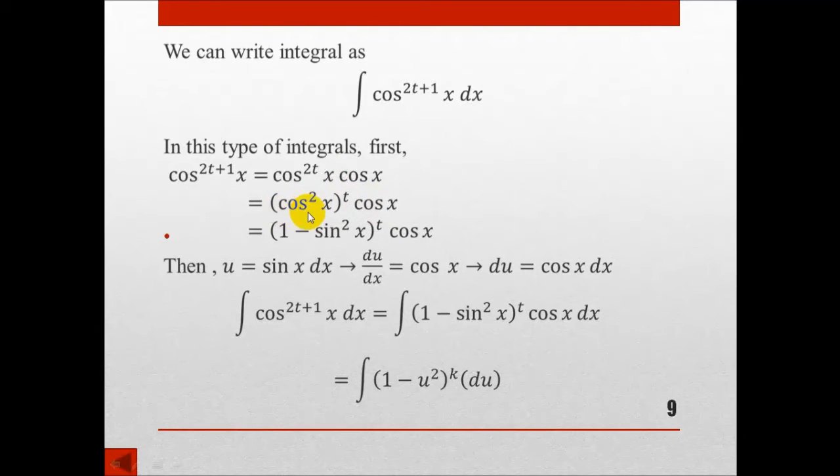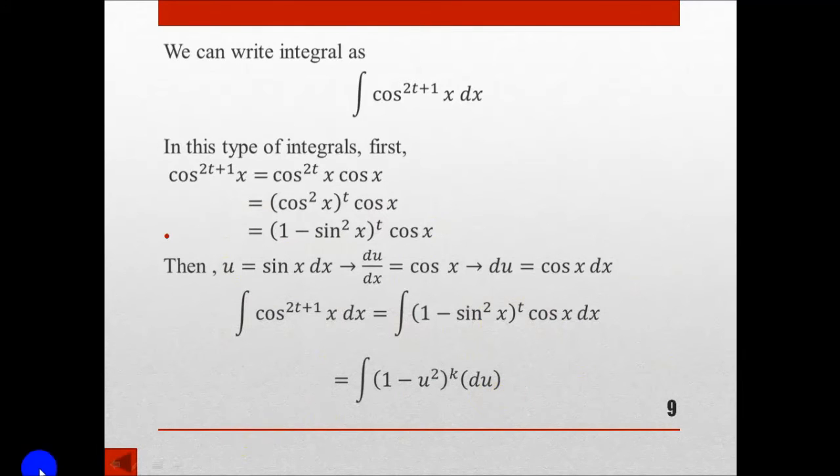And then we can change cos squared x with 1 minus sin squared x to the power of t, times cos x. By using the derivative again, we know that the derivative of sin is cos x, so du over dx gives du is equal to cos x dx. So the integral of cos to the power of 2t plus 1 we can change with this function, and we can substitute sin x using u and cos x dx using du.